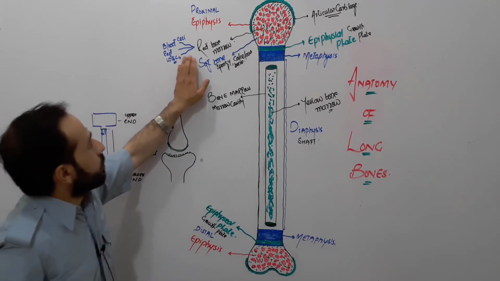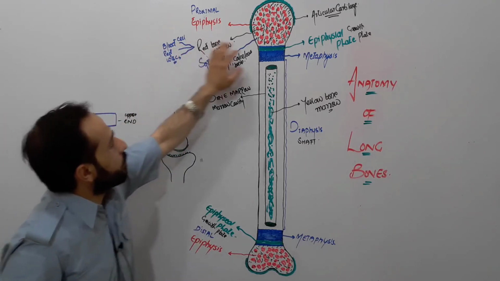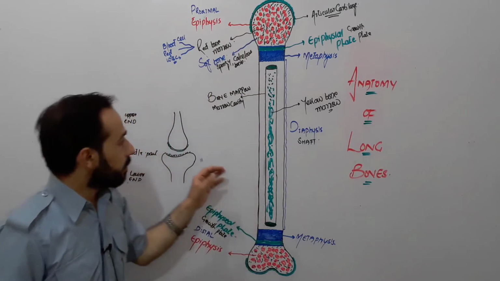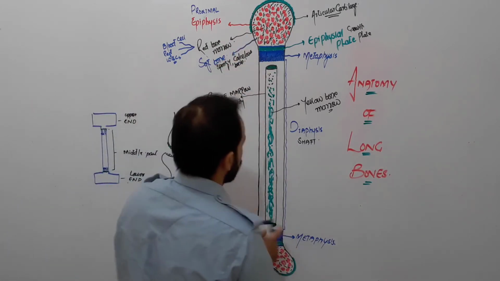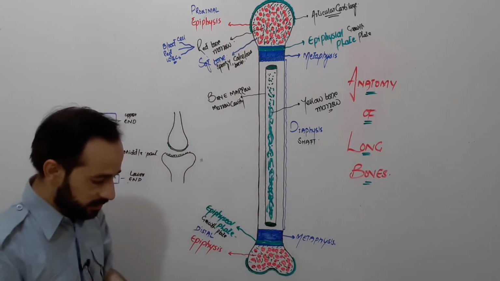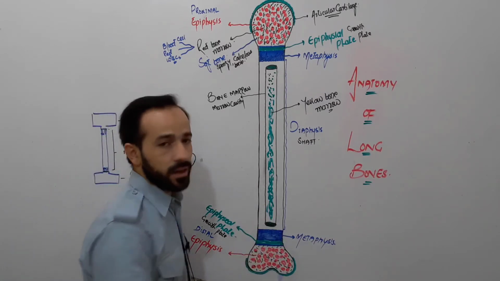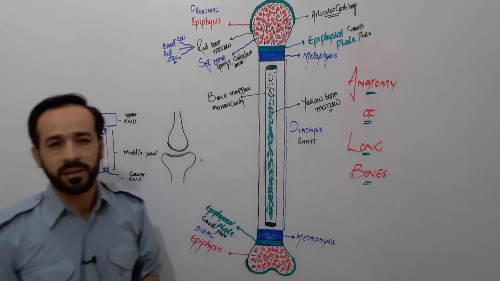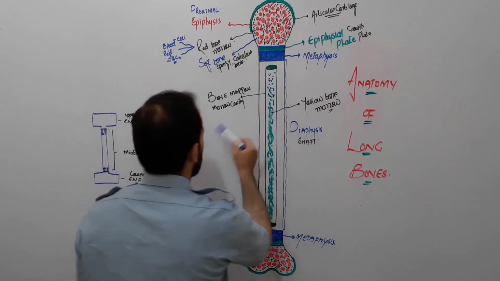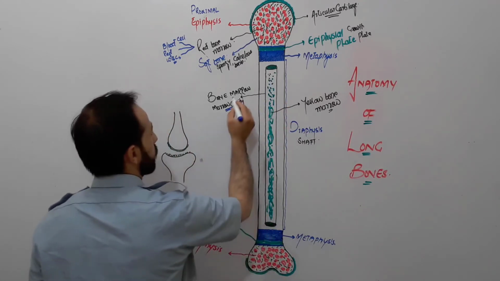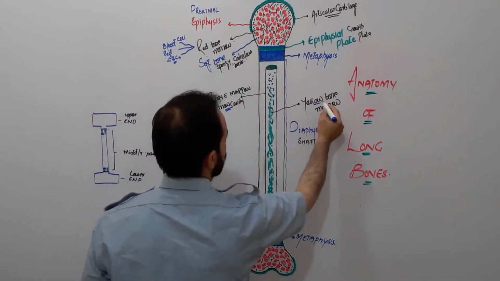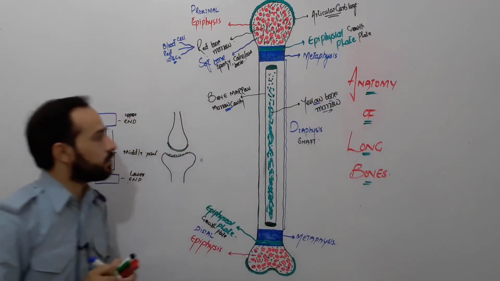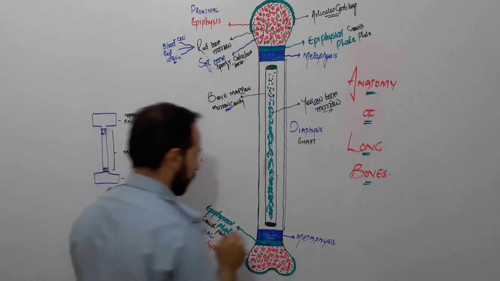Because the duty of blood cell production is given to the red bone marrow. Now it does not produce any blood cells, rather it stores fats and vitamins and minerals and other substances. So in this marrow cavity, what is present? Yellow bone marrow is present there, right friends?